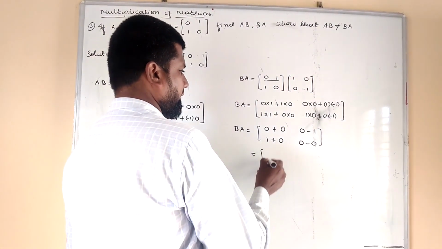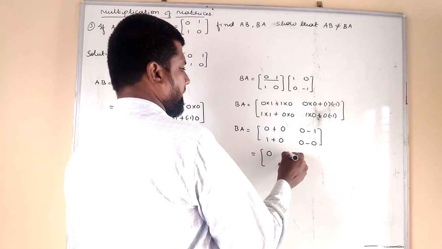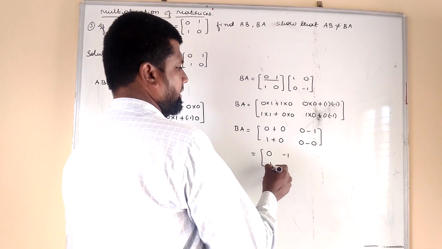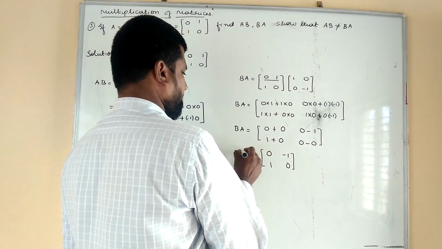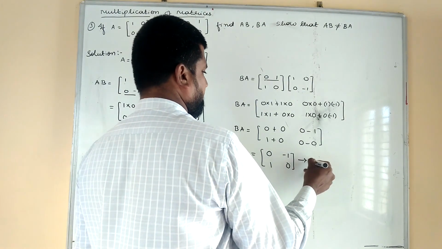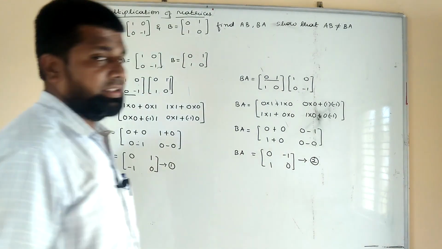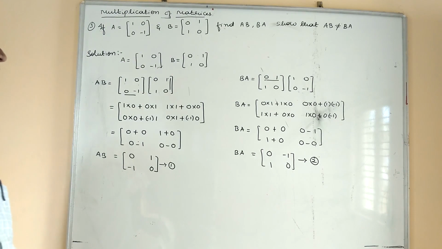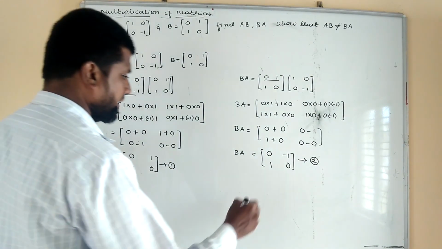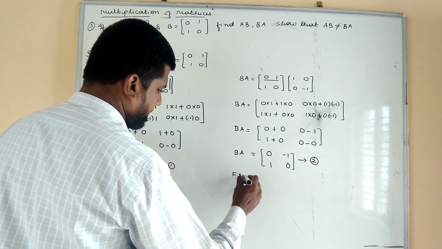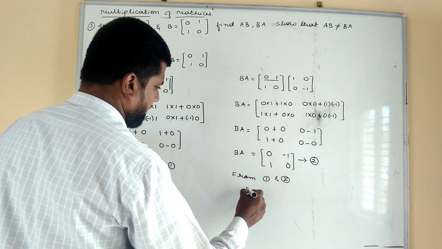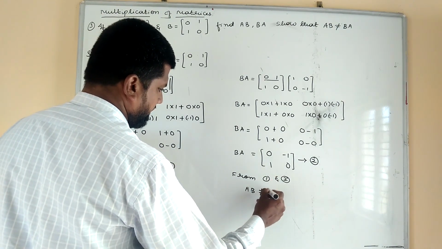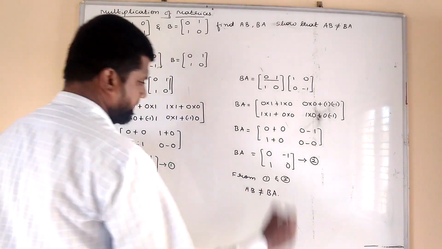So if you add, what you'll get is [0 minus 1; 1 0]. So this is BA, let us consider it as equation 2. By seeing AB and BA, we can say that they are not equal from 1 and 2. AB is not equal to BA.